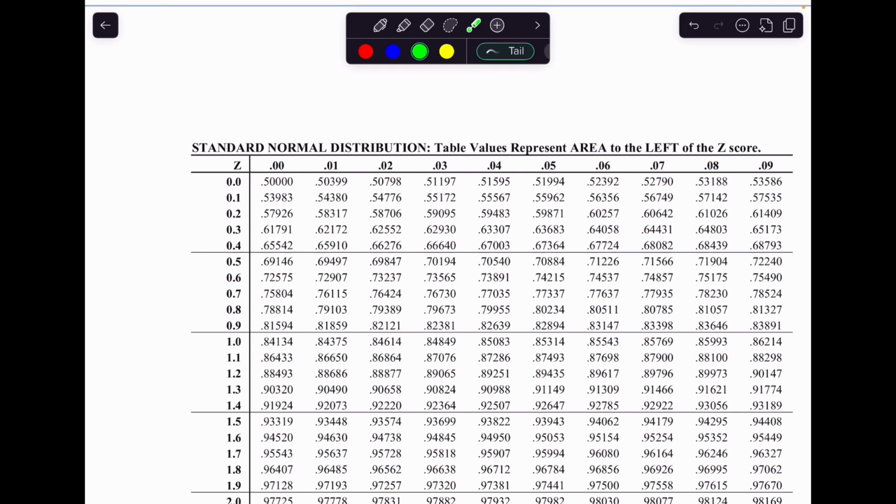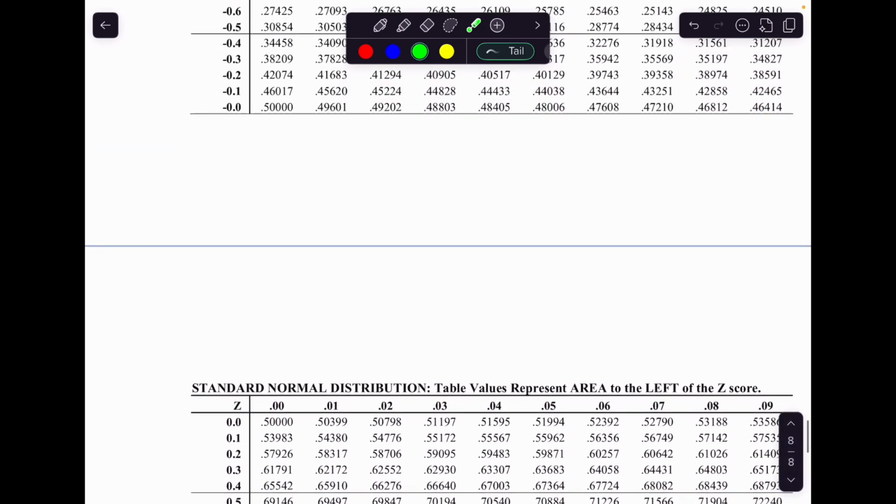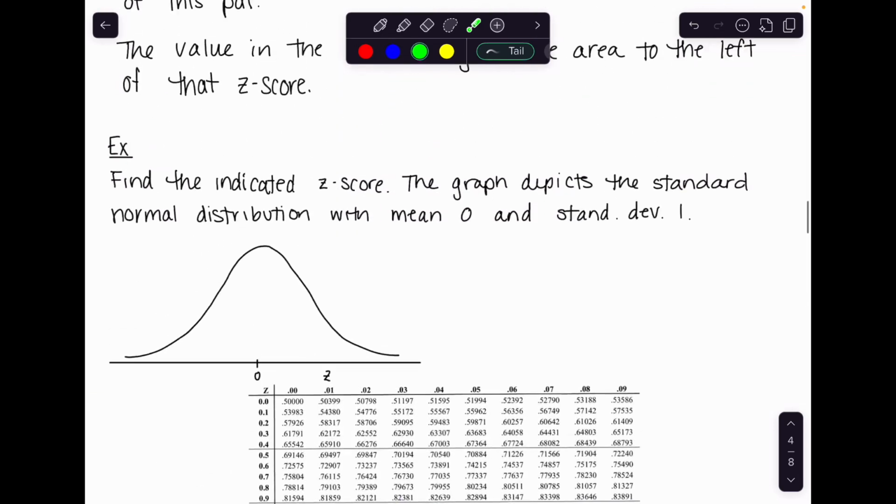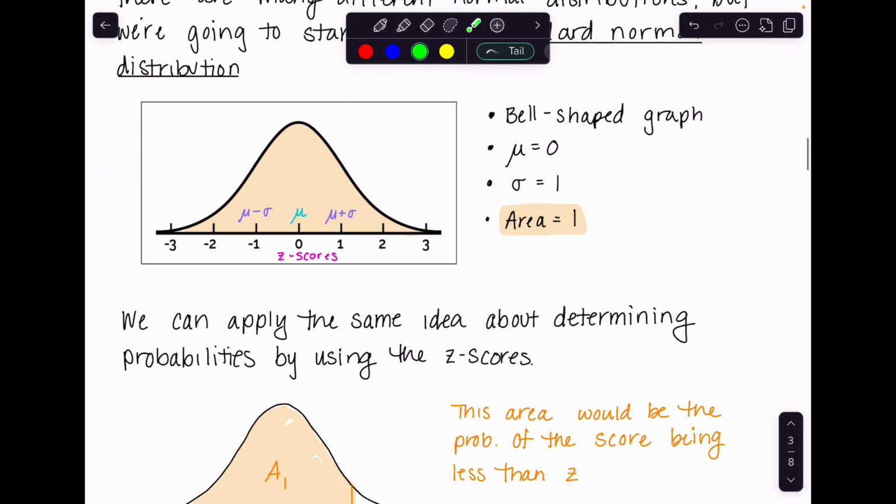So what you have here is this gives you 0.00, and then you read to here, 0. This tells you as a z-score of 0.000, 50% of the area is to the left of that z-score, which makes sense because when you have that standard normal distribution, this cuts it directly in half, 50% this way, 50% this way.